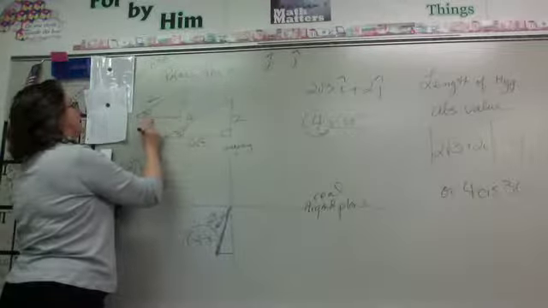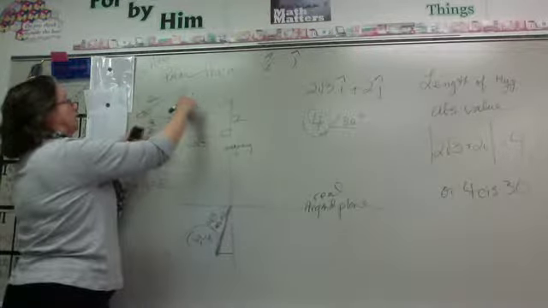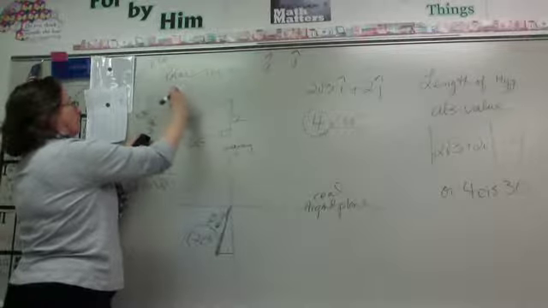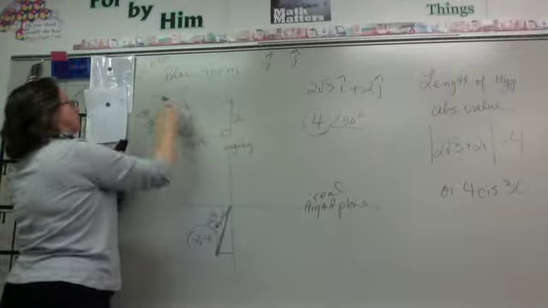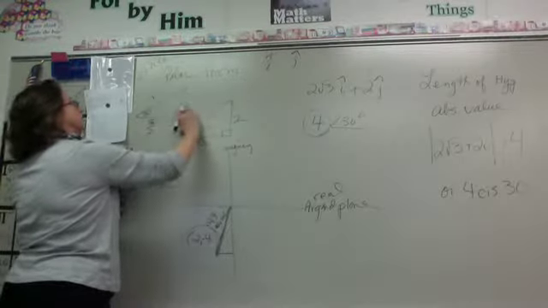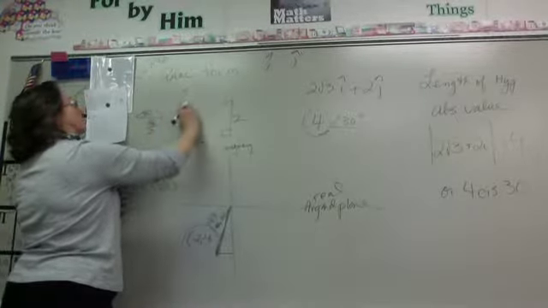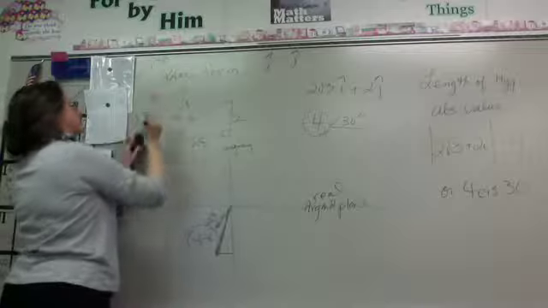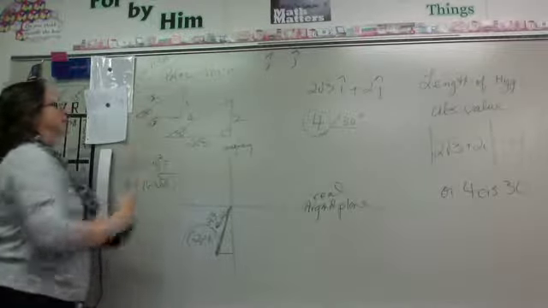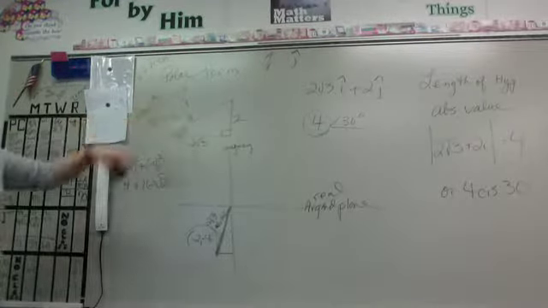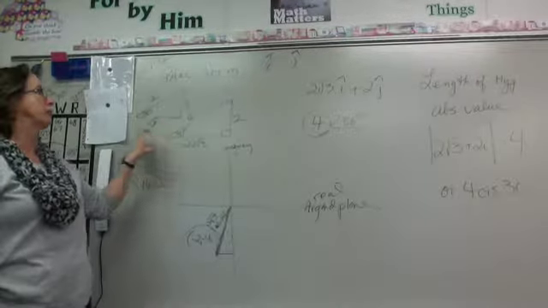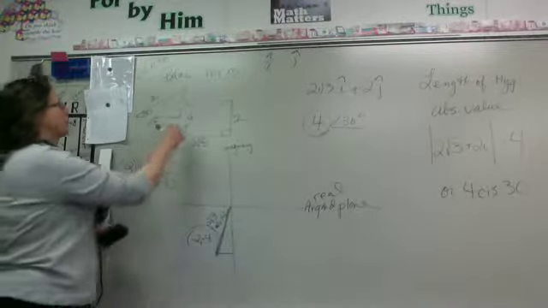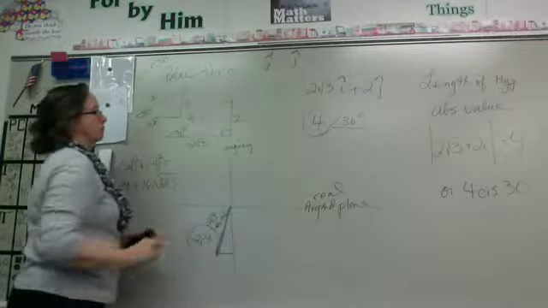And this one was 1/2, and that was 1. So this one is square root of 3. So we multiply it all by 2. That becomes 1, that becomes 2, and that becomes the square root of 3. Okay, so that's our normal, and then they blew this one up. So this is just our special triangle blown up, to where it's 4, 2, and 2 square root of 3.